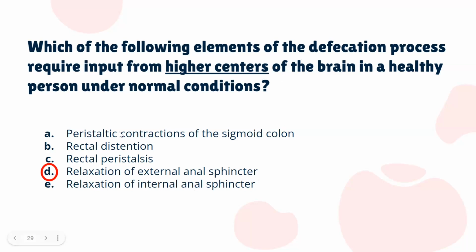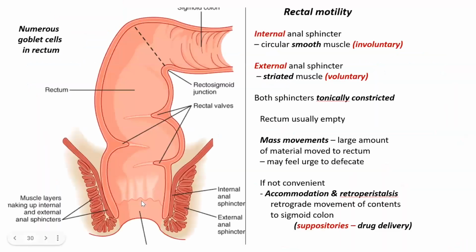Again, you're not consciously doing peristalsis. And neither are you distending your rectum in a normal healthy patient, not the previous question like we mentioned. So yeah, relaxation of the external anal sphincter. This is where it mentions that in the slide. The external anal sphincter is under voluntary control.